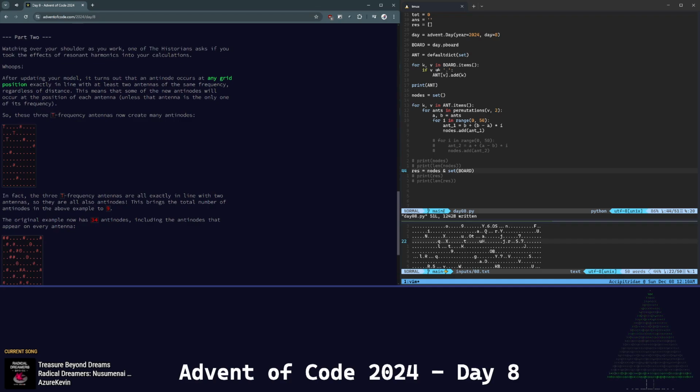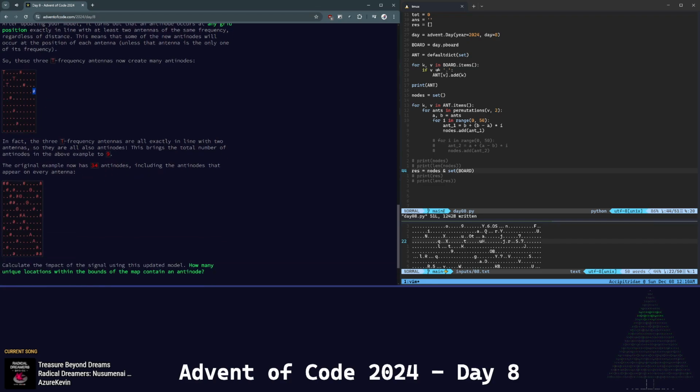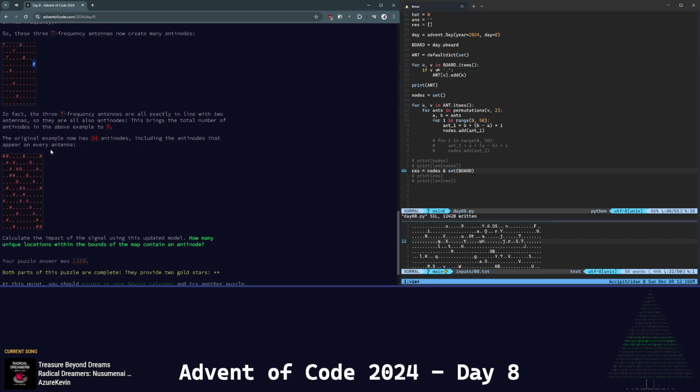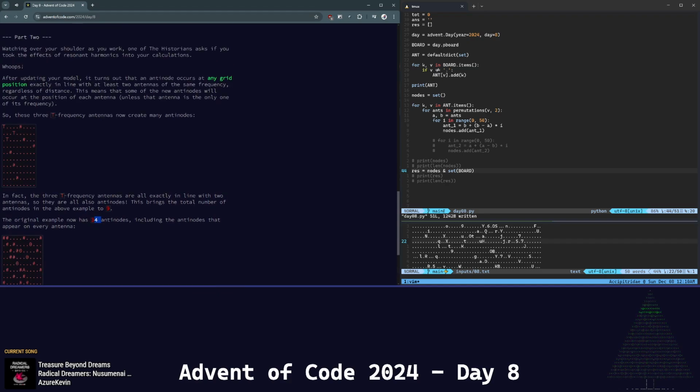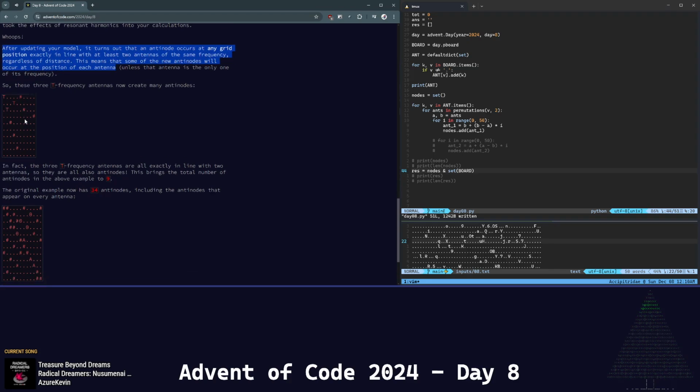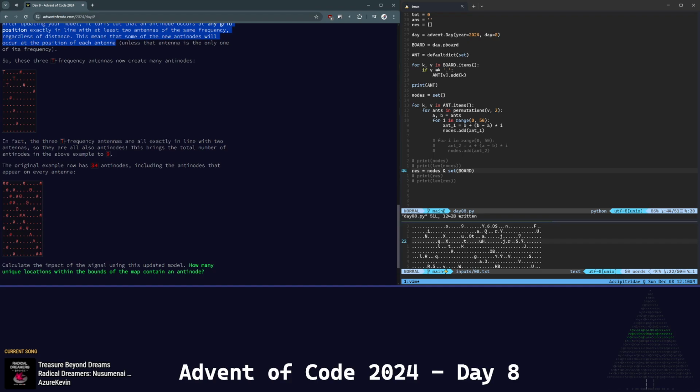For part 2, it's basically saying the antenna will like continue creating as far as it can go until you get to the end of the grid. I could have answered this even quicker because I didn't realize where it said the antinode occur at the position of each antenna. So I wasn't counting like, I was only counting these pound symbols here, but not on top of the T's themselves.